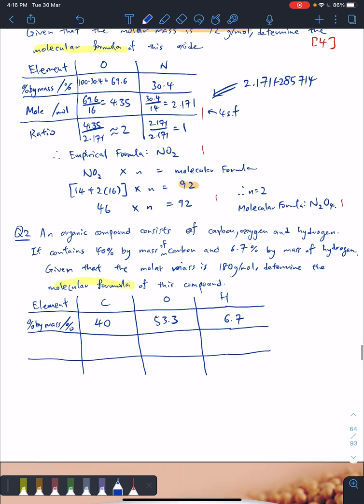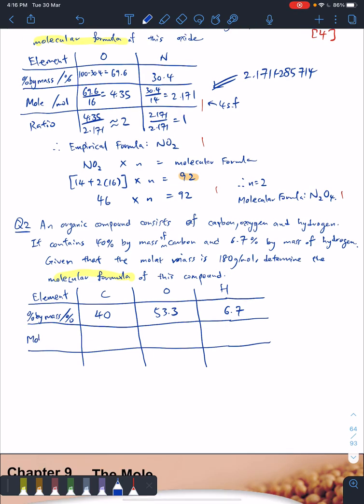Then remember the hashtag hack, after which you will do change to mole. 3.333, so you leave it at 4 SF. 3.331. 6.7 over 1 equals 6.7.